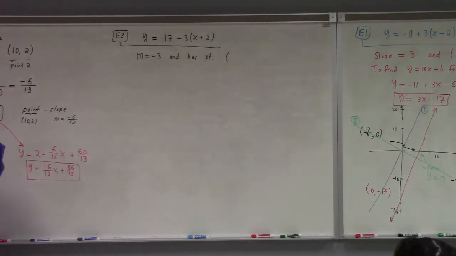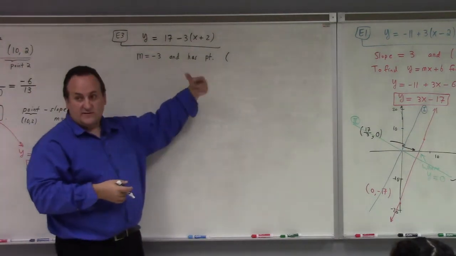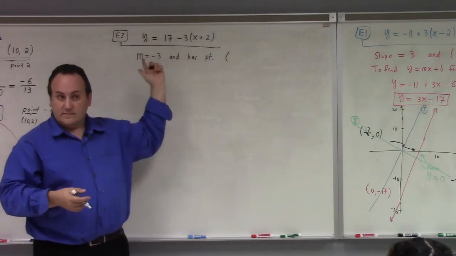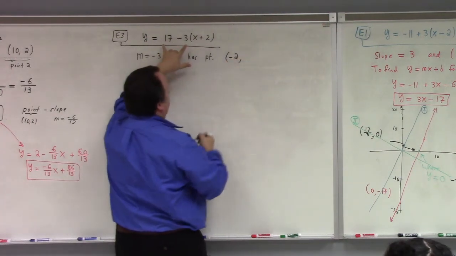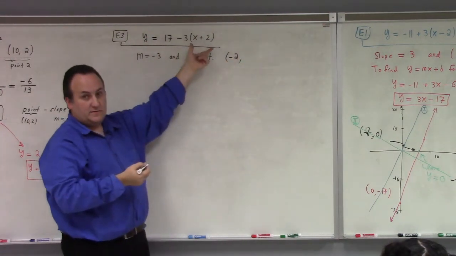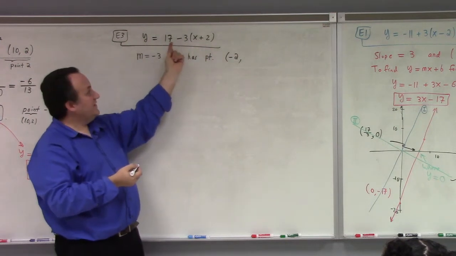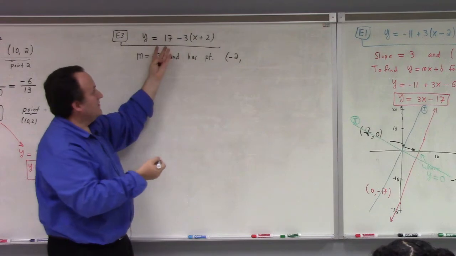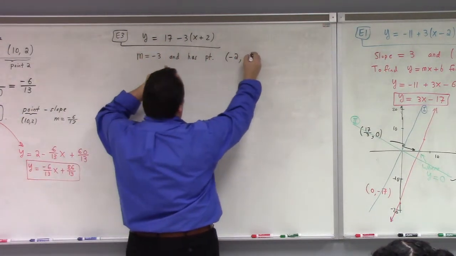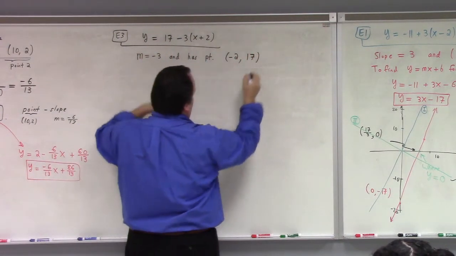Think through it actually. If you plug in minus 2, what happens to the formula? This becomes 0, and you're just left with that guy. So it is clear that if this is the formula, minus 2, 17 is a point on the graph.